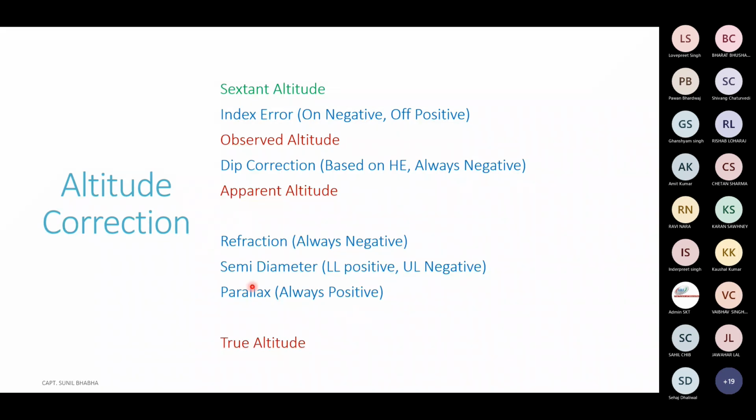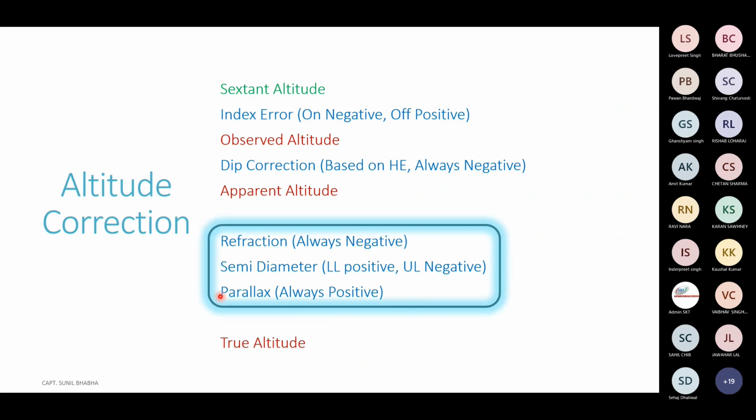Now, the three corrections which we saw to be applied to the apparent altitude, refraction, semi-diameter, and parallax, can be easily applied as a single correction. We do not need to apply them separately, one by one. That would be unnecessarily lengthy, cumbersome, and more time taking. We can apply all these three corrections in a single correction, and they are available to us in the nautical almanac.